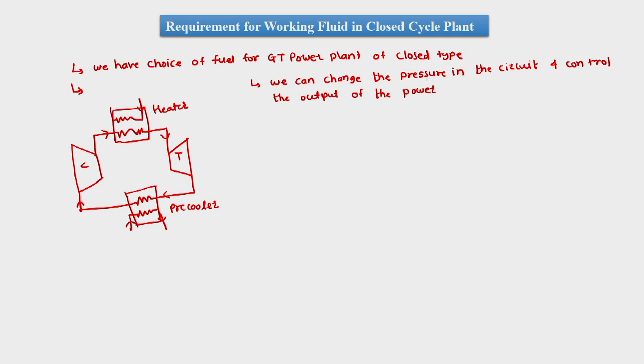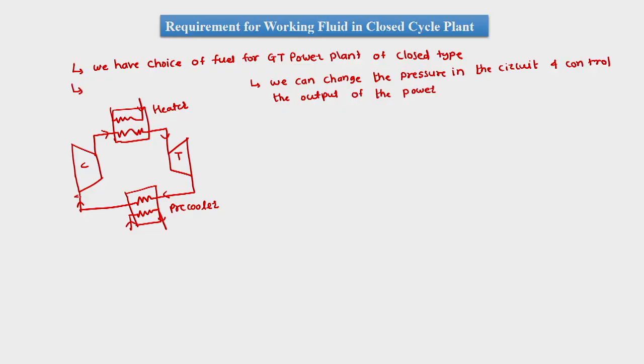We always get air at the inlet to the compressor at the atmospheric condition. So here the air at the inlet to the compressor can have different pressure which we are going to set, and based upon that we can change the output of the power plant. We can use any fuel, and here we can choose the fuel.